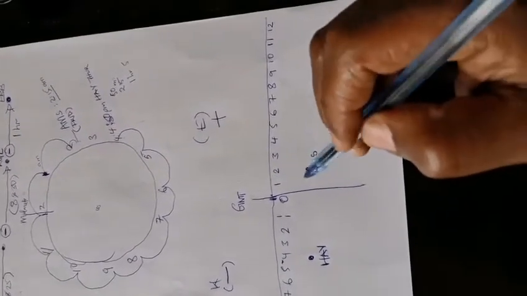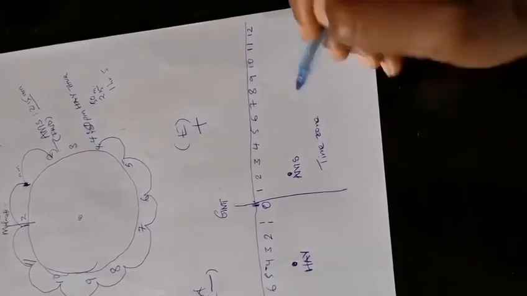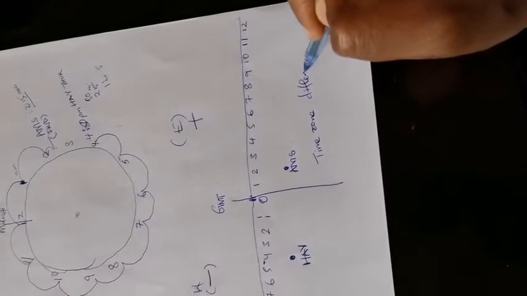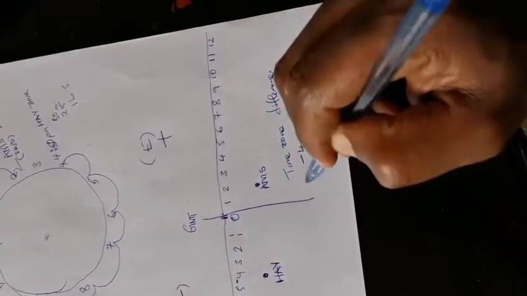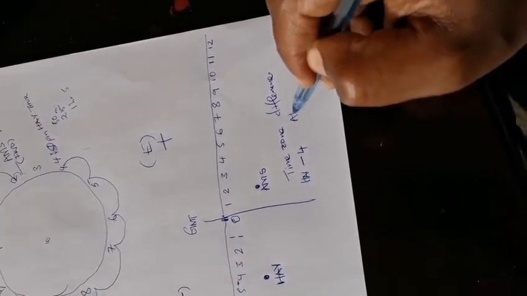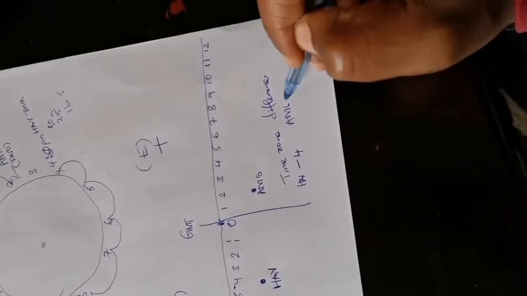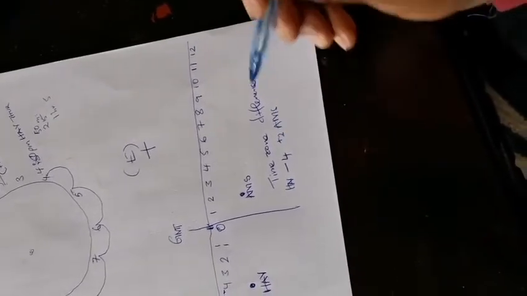So the first thing you need to do is finding the time zone difference. Okay, so we are saying that Havana is minus 4, and AMS is plus 2.